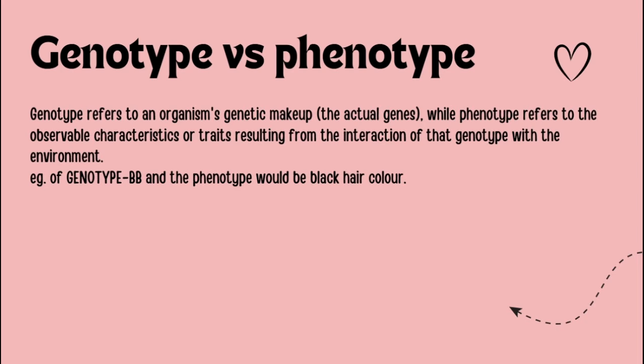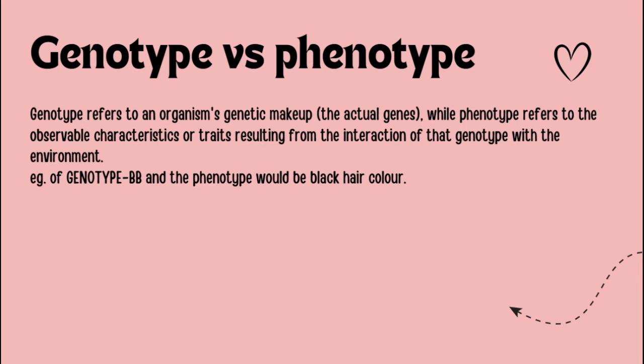Now if we're comparing the genotype versus the phenotype, an easy way to remember this is the word geno. Just remember genetic, because both of them start with G. The genotype is really talking about an organism's genetic makeup, and the phenotype is talking about the physical characteristics that me and you and everybody can see.